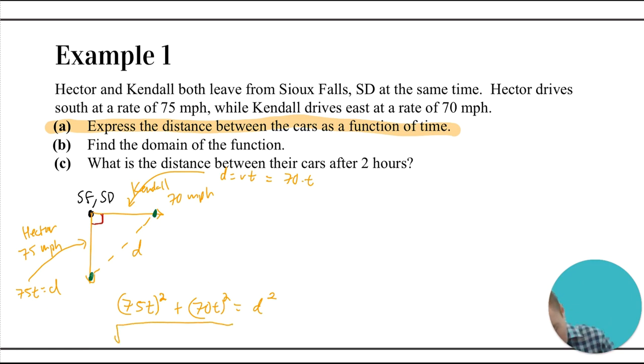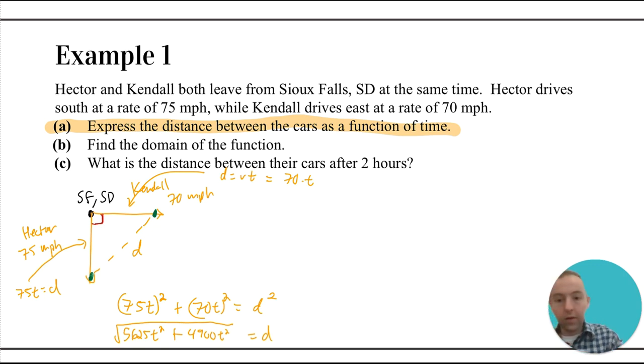So the square root of 75t squared, so it would probably be advantageous for us to actually square those couple of numbers. So if you squared 75, you're going to get 5,625 t squared, and then plus 70 t squared, which would be 4,900 t squared.